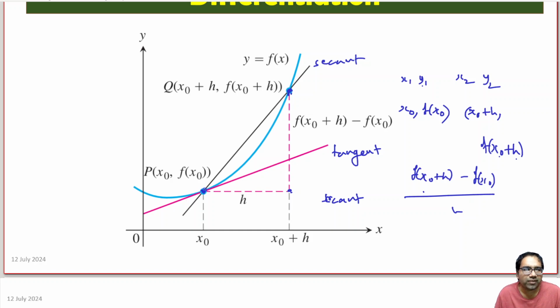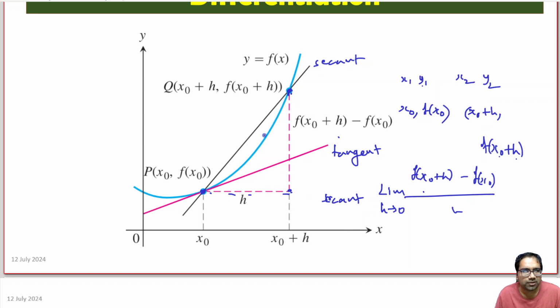Now, how do you find the slope of the curve at this point? The slope of the curve at this point is not the slope of this black line. It is the slope of this pink line. What do we do? We'll put a limit to this, and we'll say this h should get smaller and smaller and h should approach 0. What do you mean by h approaching 0?